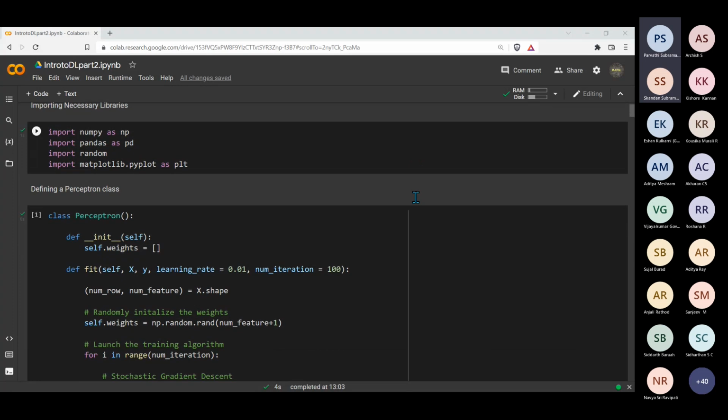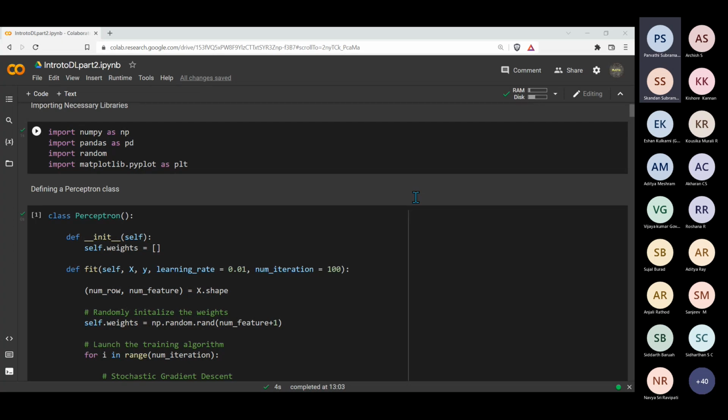First we're importing the necessary modules, and then we define the perceptron class. It helps to generalize this so that it's useful when declaring it multiple times while building a larger network. First, we initialize the weights. The weights is an empty set, and then we define a fit function in this class.